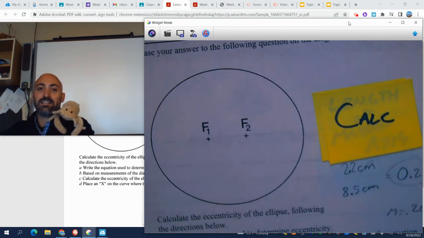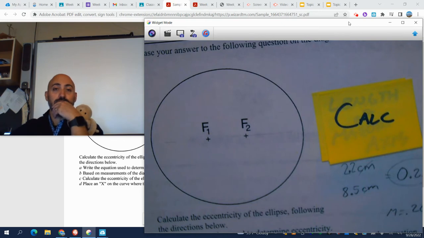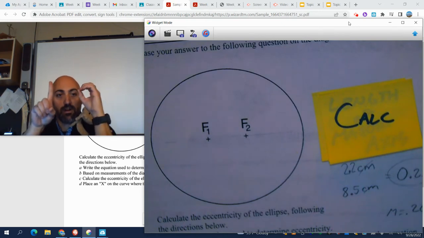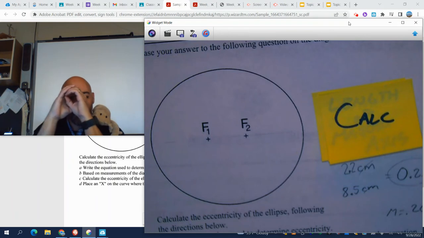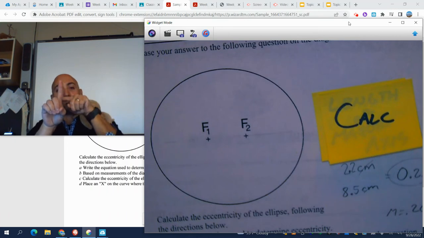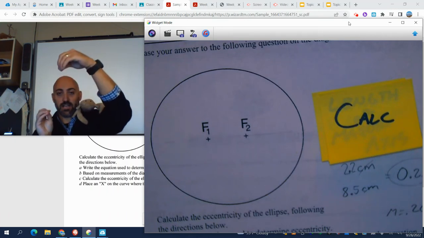Which one is more elliptical? Here's how you do that. 0 and 1. Which number looks like a 0? No. Which number looks like a circle? 0 looks like a circle. Numbers that are closer to 0, smaller numbers, are more circular. Numbers that are closer to 1 are more stretched out, more elliptical, elongated.